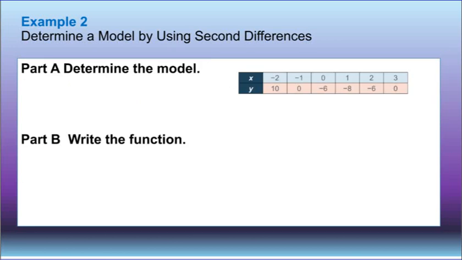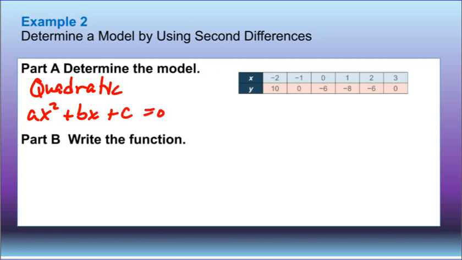If I go to the next slide, we know that this is quadratic because we were able to find the second difference. And quadratic needs to be an ax squared plus bx plus c. And we were told from our table at the very beginning of the lesson that whatever we get for our second difference, half of that is going to be our A. So since we had 4, half of 4 is going to be 2.